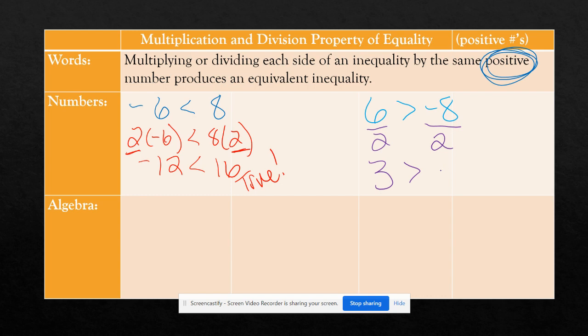Negative 8 divided by 2 is negative 4. I divided both sides by positive 2. Same thing to both sides is your property of equality. 3 is greater than negative 4 is still true. So that's what it means by property of equality with positive numbers. We'll write in this algebra part in class.